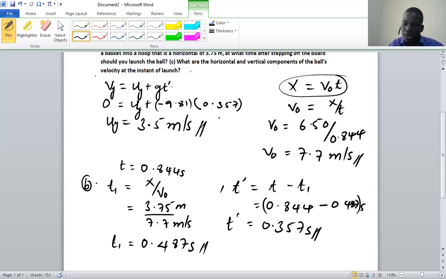And for the x, it is the same as v naught, which is 7.7 meters per second. So that is how you calculate the velocities. Thank you so much for watching.